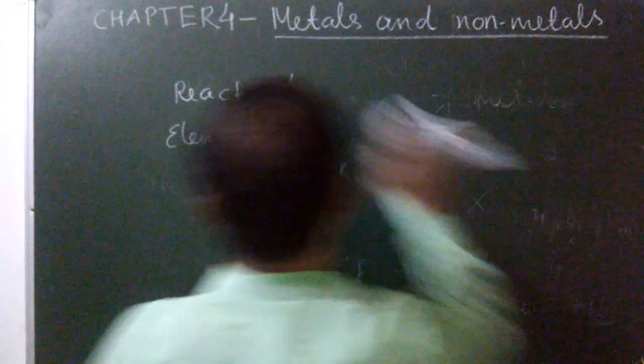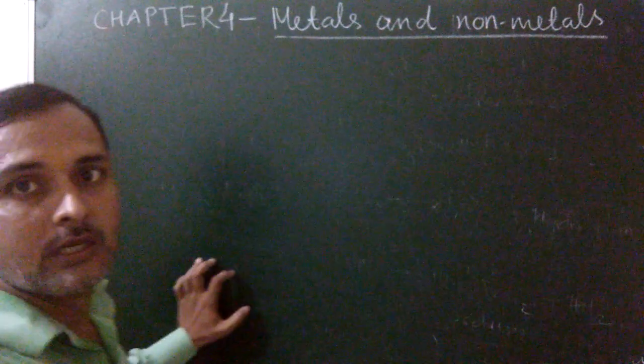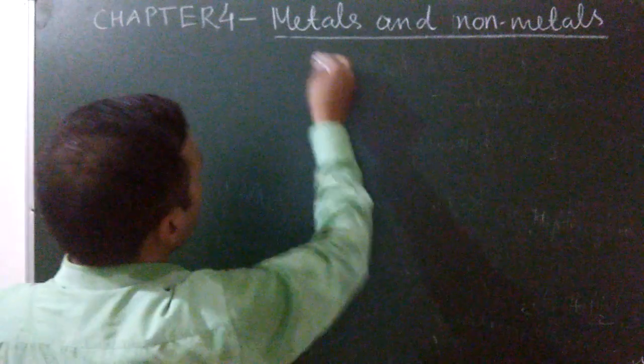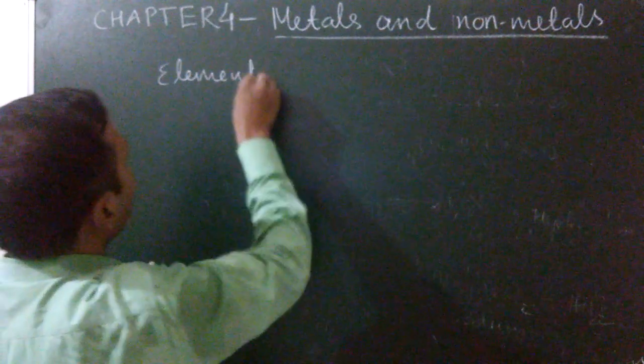First of all, I will draw the reactivity series. Then I will explain what we mean by the term reactivity series. So first you will write the element name, then the symbol.